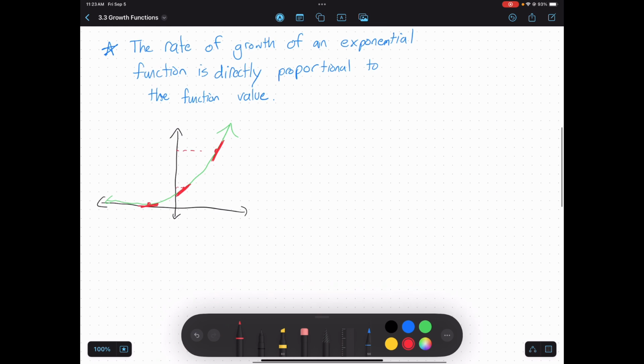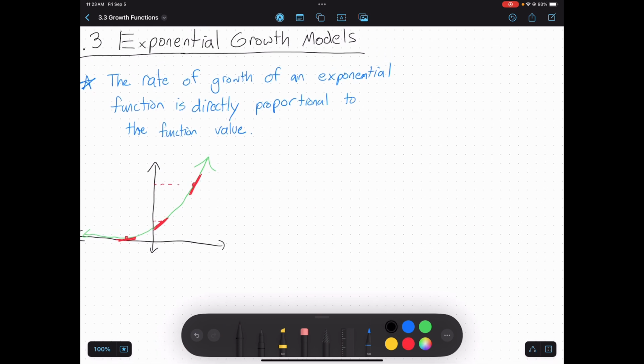So can you think of any examples of scenarios or situations that follow this model? The bigger the function, the faster it's growing. Well, some common examples that you're going to see in your homework is interest, and that can be on loans or on savings accounts or checking accounts.